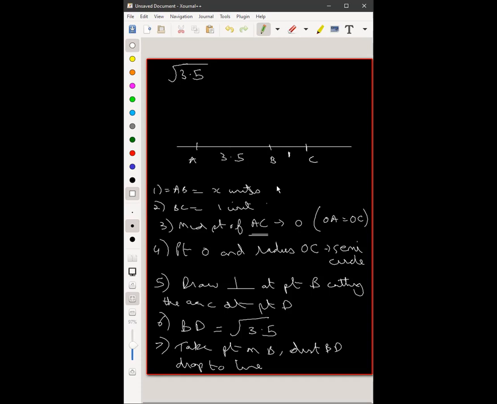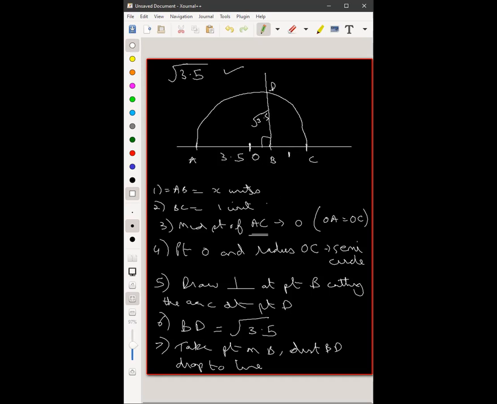Then we need to find the midpoint of AC and mark it as O. Then measure OC and draw a semicircle. At B, we draw a perpendicular line cutting the arc at point D. BD would automatically be what we're looking for, root 3.5.